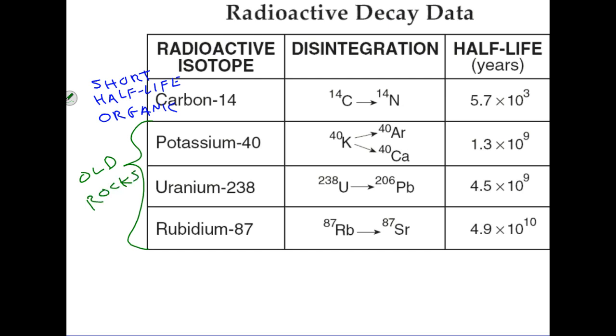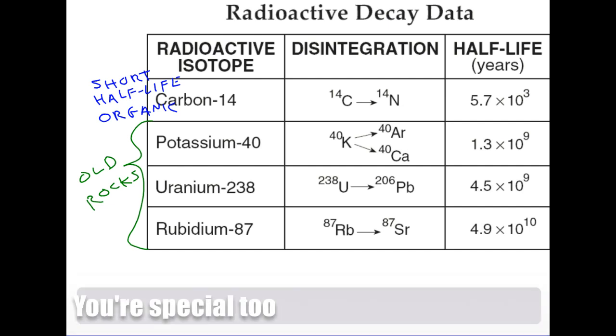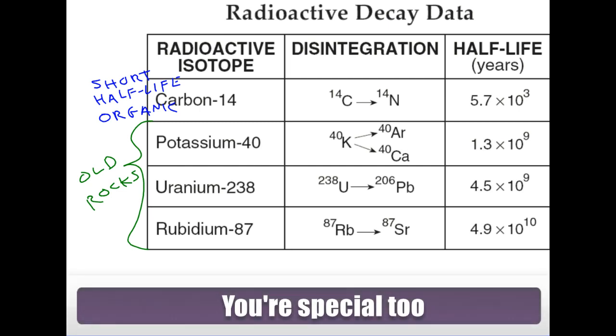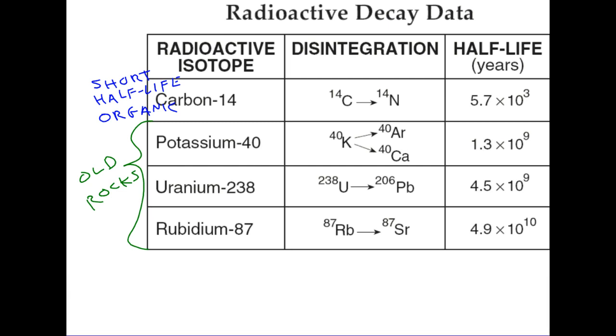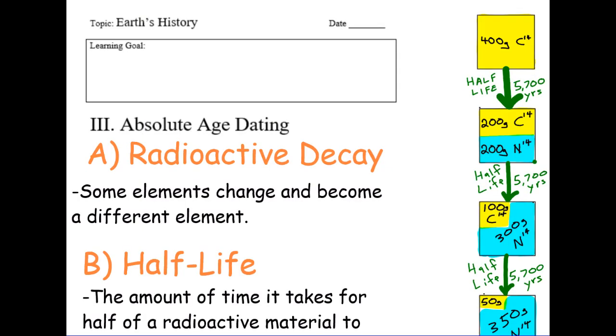Yet carbon-14, since it's found in organic material, is used to find the age of very young things. And when I say very young, we mean less than maybe 70, 80,000 years. Carbon-14 is used to find things that are young and organic: bones, teeth, fossil material. That's where we're going to use carbon-14. So of these four, carbon-14 should stand out to you.